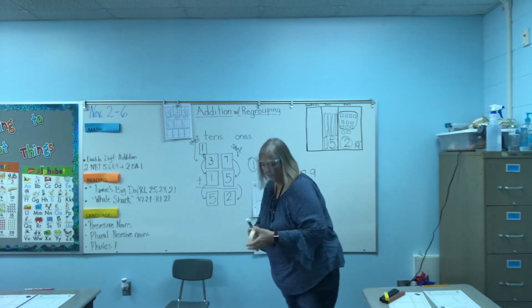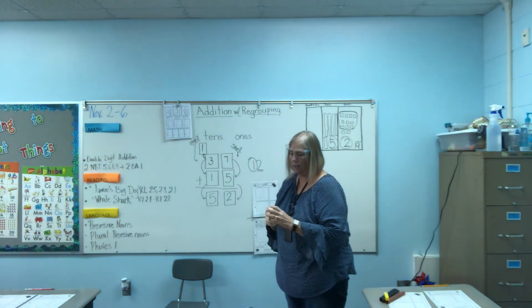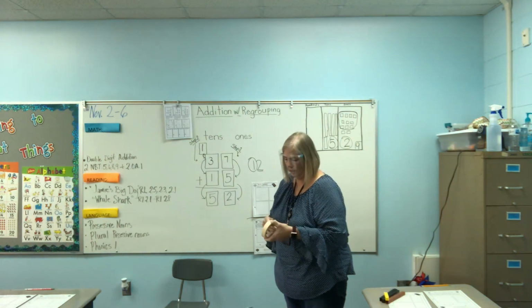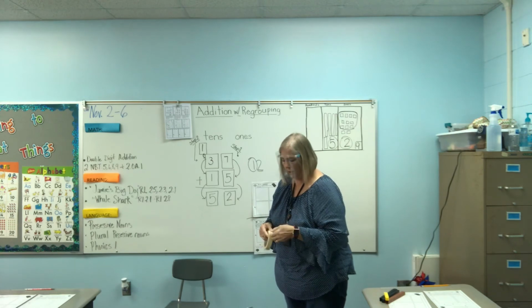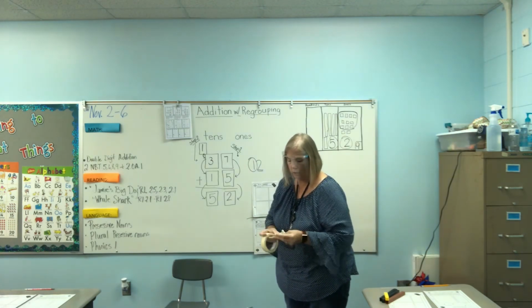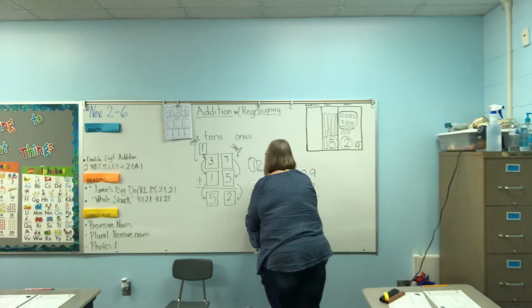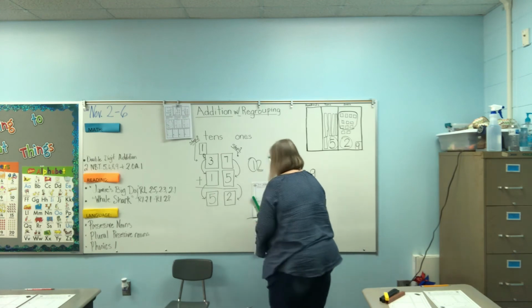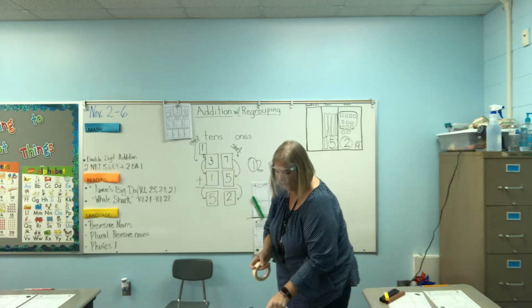So, let's look at this on your chart. This is what your chart should look like. Miss Henry is going to try to get these up there for you so that you can see what yours should look like. So, I have 1 set, and I have how many on this top?